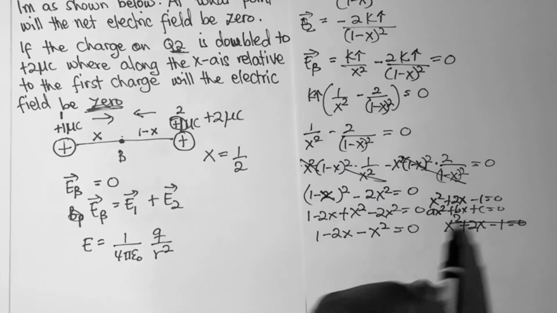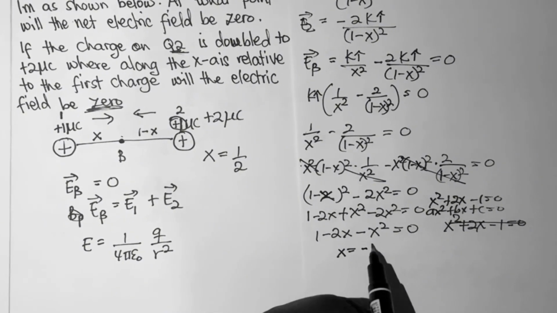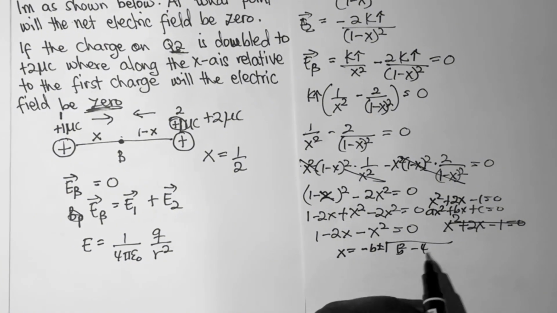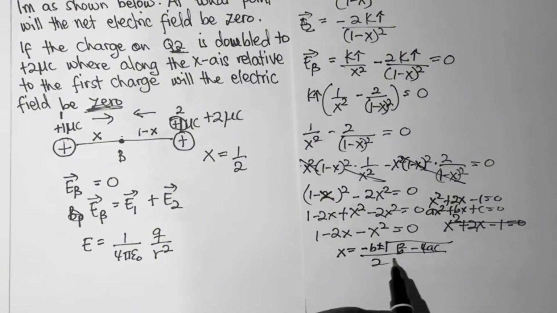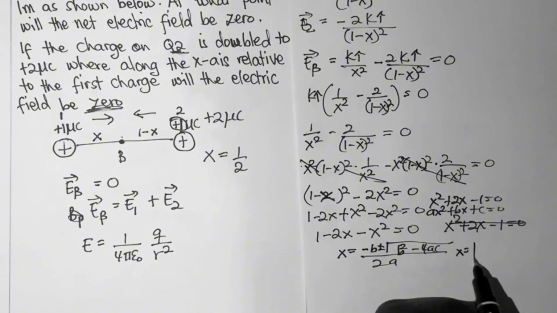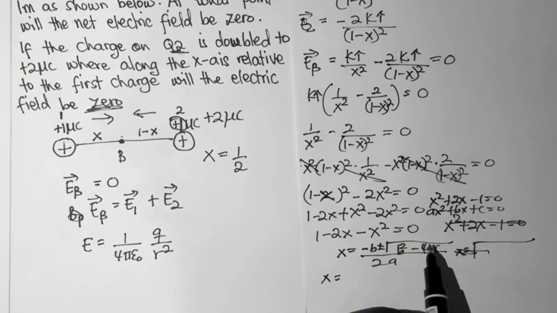So let's use the quadratic formula. So x is equal to minus b plus or minus the square root of b squared minus 4ac, divided by 2a. So x is equal to minus b.